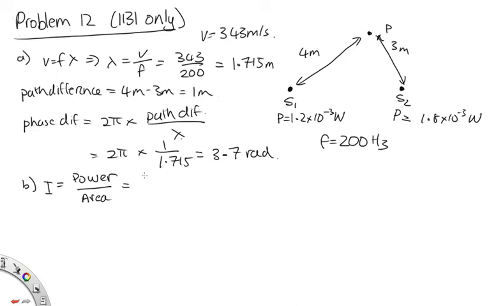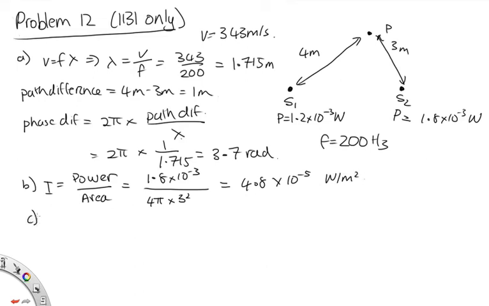So the power is 1.8 times 10 to the minus 3. The surface area of the sphere at P, which has a radius of 3, is 4 pi r squared, or 4 pi 3 squared in this case, and so that is equal to 4.8 times 10 to the minus 5 watts per meter squared.